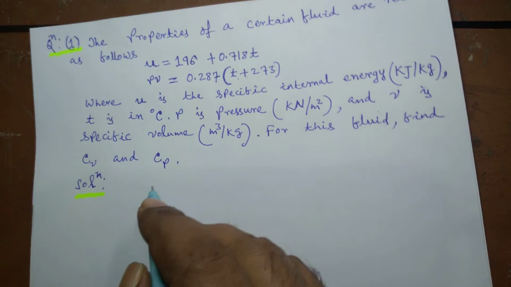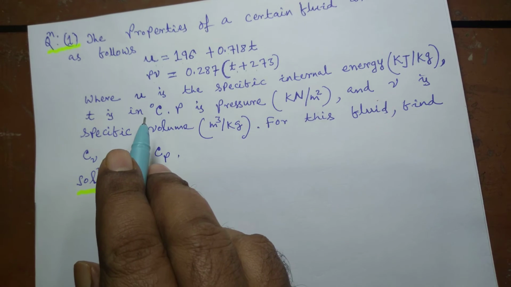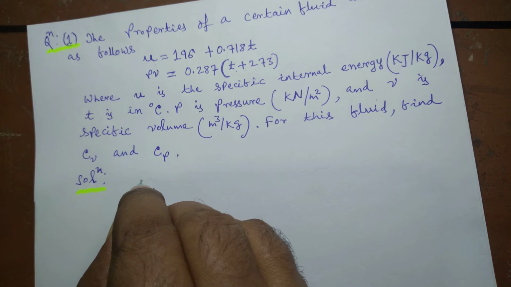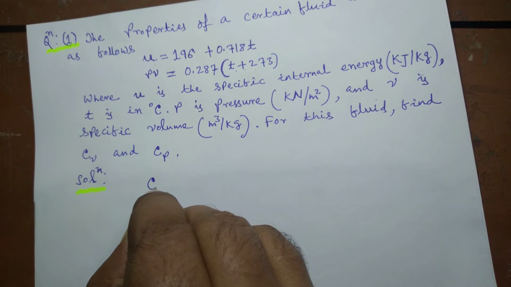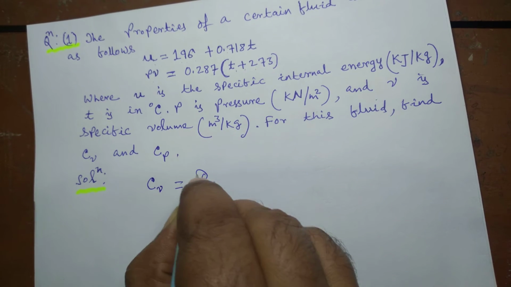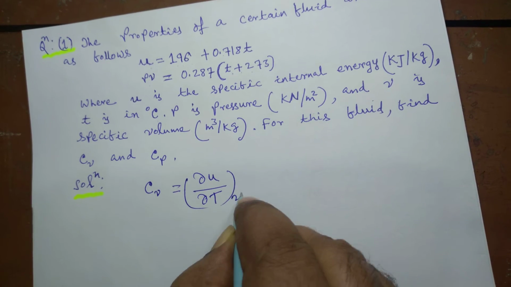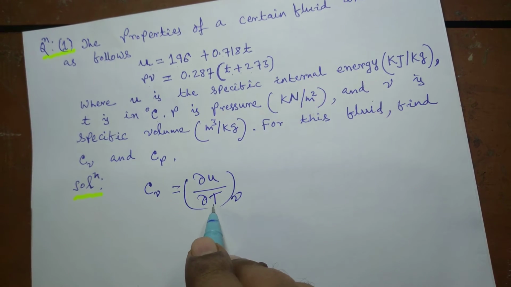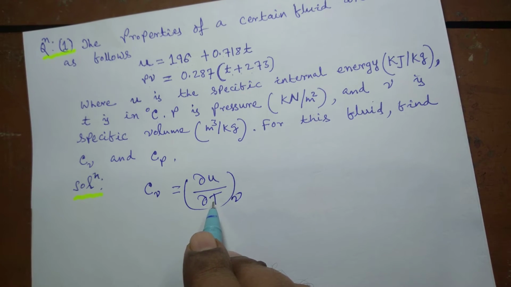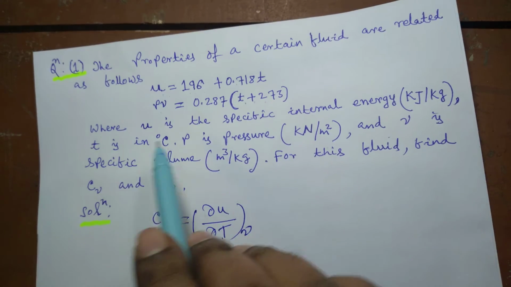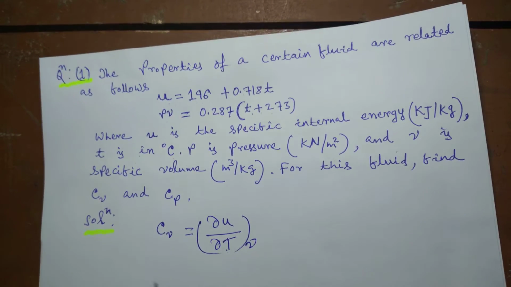We have to find this just by applying the equation that we discussed right now, using the definition of cv and cp. So we can find cv, that is dou u by dou T when volume is held constant, and this T is in terms of absolute temperature, but this small t here in the question is given in terms of degree Celsius.